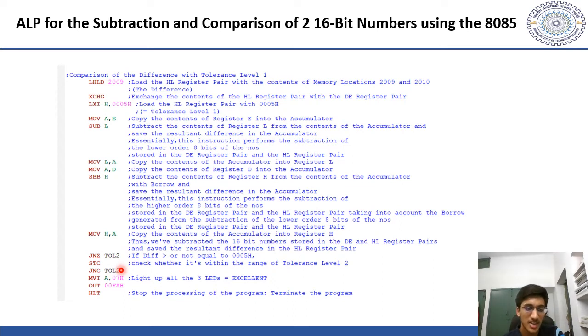And if it generates a carry, we would be lighting up the required LEDs. In fact, even if it is the same as the tolerance value, in that case it would set the 0 flag, and even then we would move on to light the appropriate LEDs.